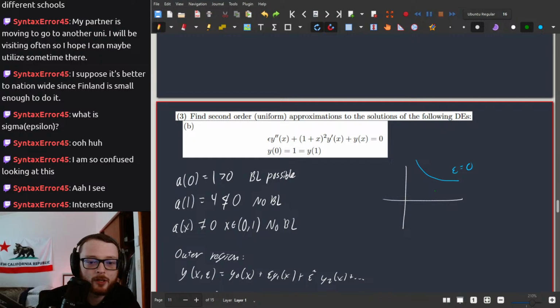Let me draw it not as well first. Maybe that's epsilon equals 0.1. And then as you go smaller, it's a little bit better, and then better still. But you have this weird thing where at this point it never quite converges. It just kind of sticks there.